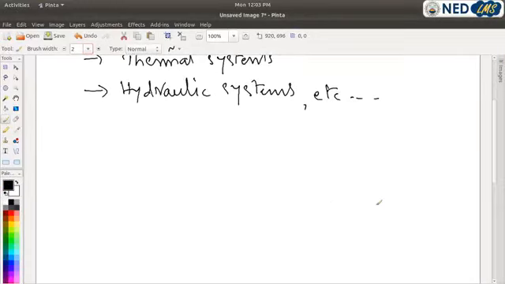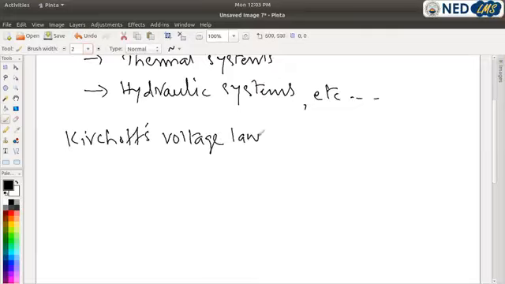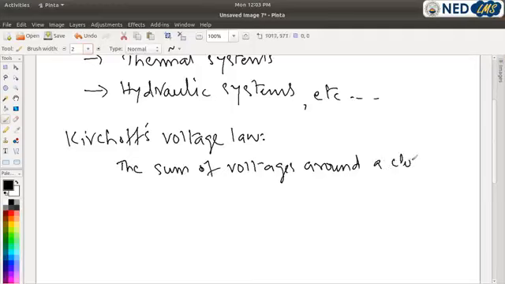These laws are Kirchhoff's voltage law, which states the sum of voltages around a closed path equals zero.